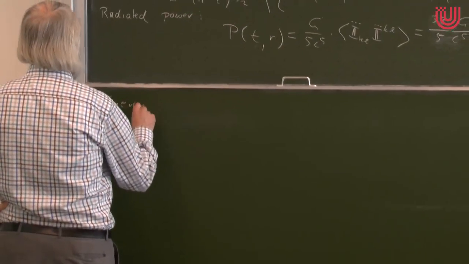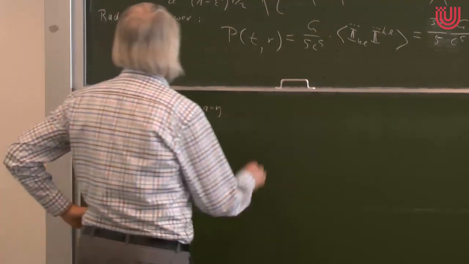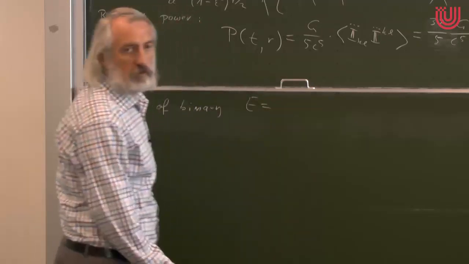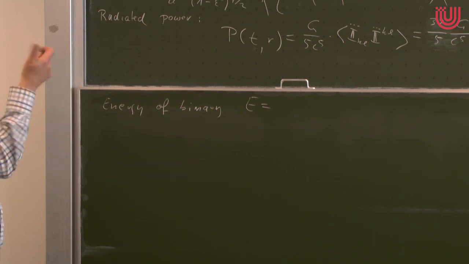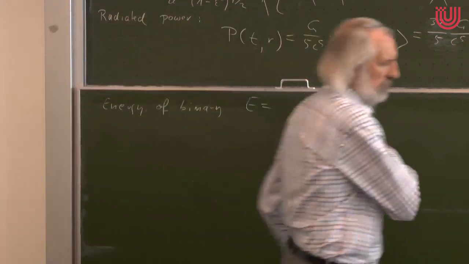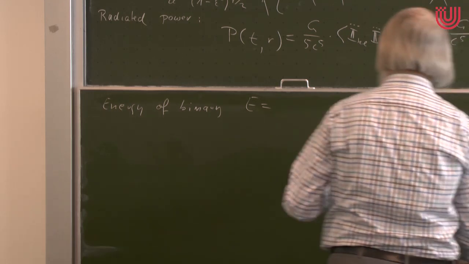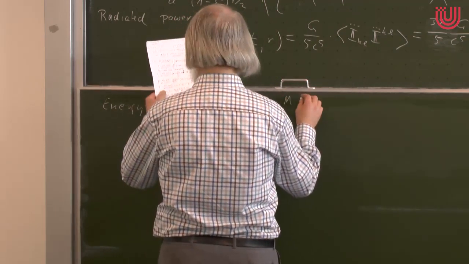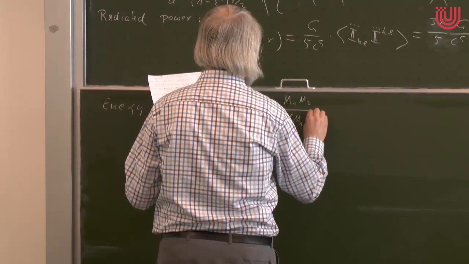So the energy of the binary. Well, we had this almost on the board. What we had on the board was a Lagrangian. The Lagrangian is kinetic minus potential energy. So we just have to change the sign in front of the potential energy term, and then we get the total energy. If you look at the Lagrangian in your notes, or in the lecture notes I have sent around, you will see the kinetic energy term was m1 m2 divided by 2 (m1 plus m2).